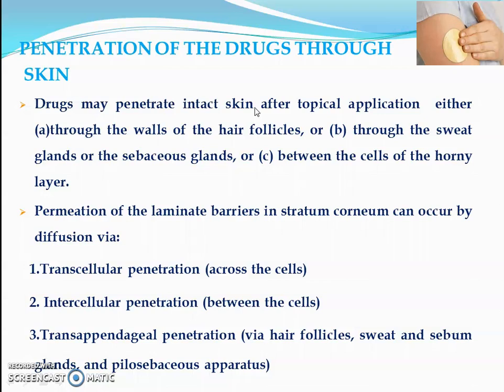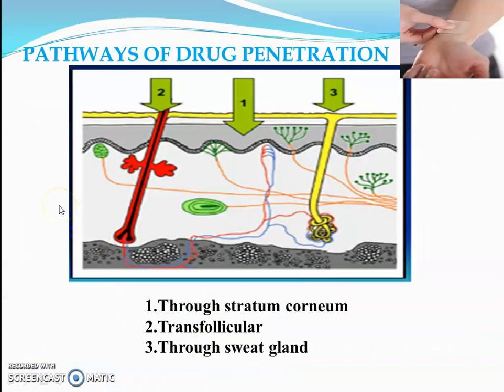Permeation of the laminate barrier in the stratum corneum can occur by diffusion via transcellular penetration across the cell, intercellular penetration between the cells, and transappendageal penetration, that is via hair follicle, sweat gland, sebum gland and the pilosebaceous gland. So this is the pathway of drug penetration, how the drug may penetrate across the skin membrane from a transdermal drug delivery system when it is topically applied.